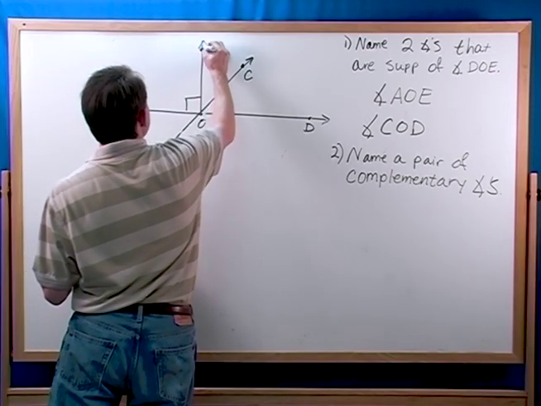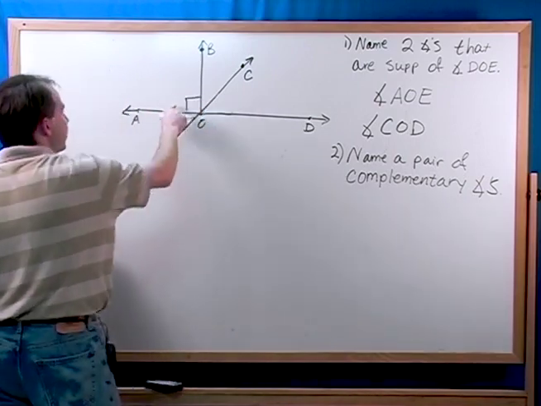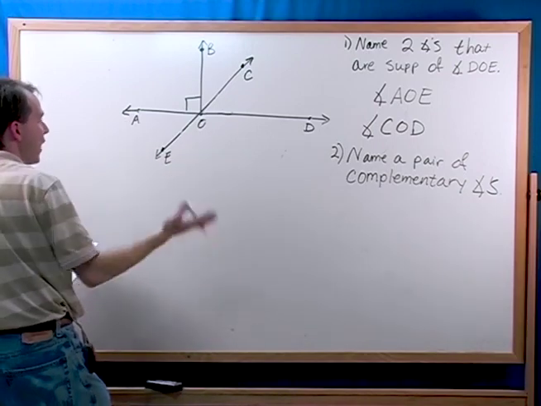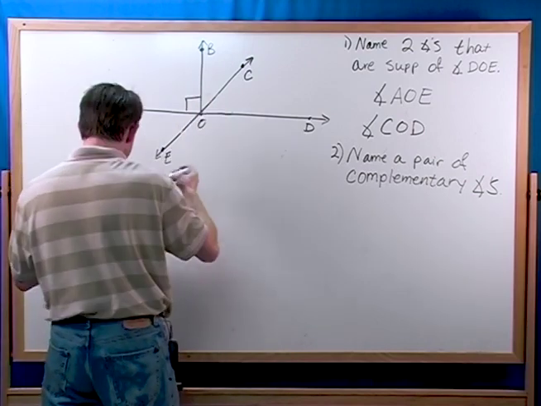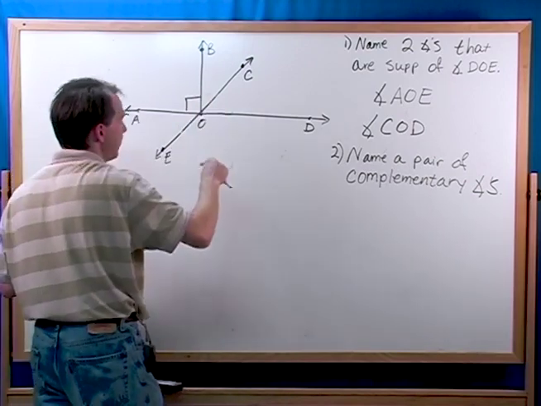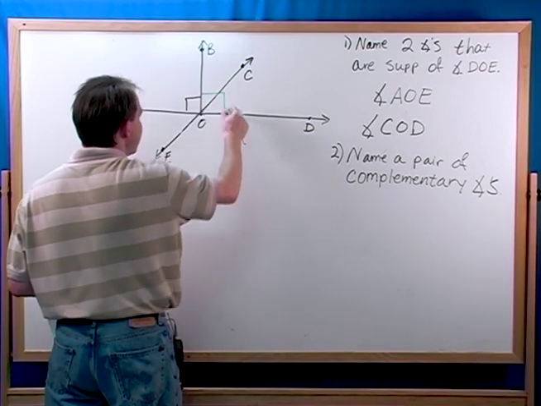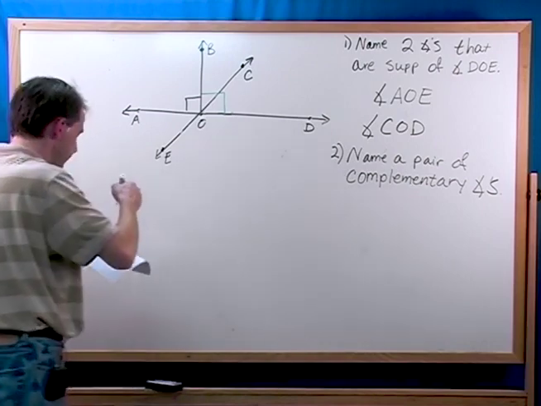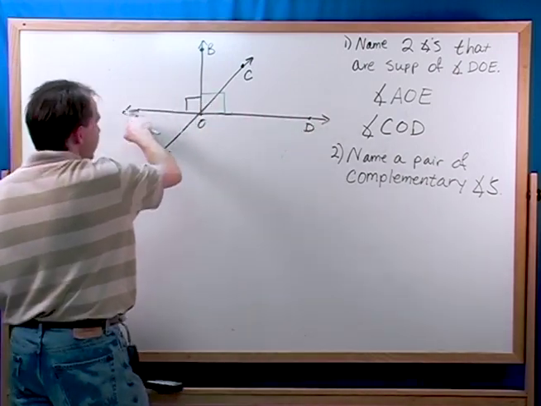Oh, I forgot to put this on my drawing. If you look at the drawing, you see this is 90 degrees right here. And the two angles that you pick have to also add up to 90 degrees. It may not jump out at you right away, but this big angle, BOD, must be 90 degrees also, because this is a straight line, and this is a straight angle.